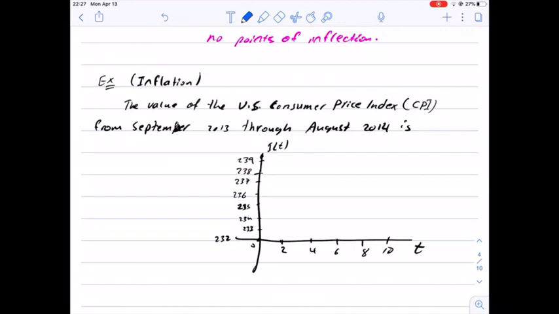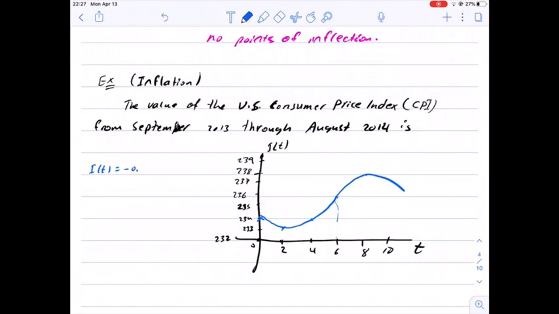And when we graph the curve, we get a graph like this, and then it starts concaving down.